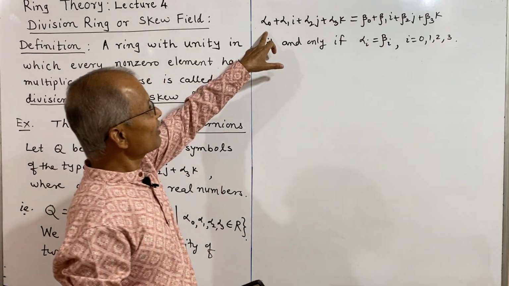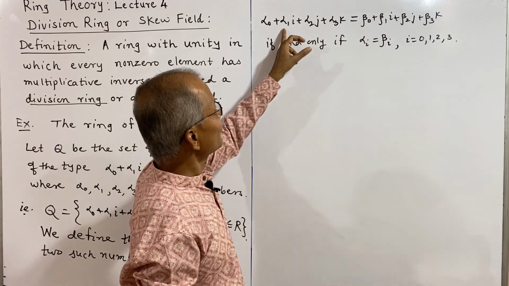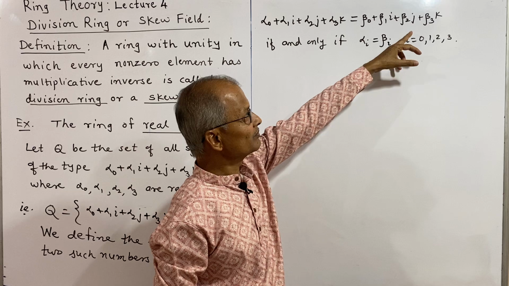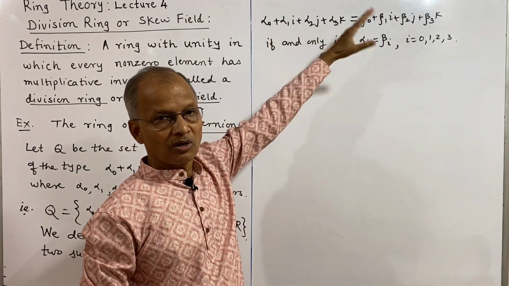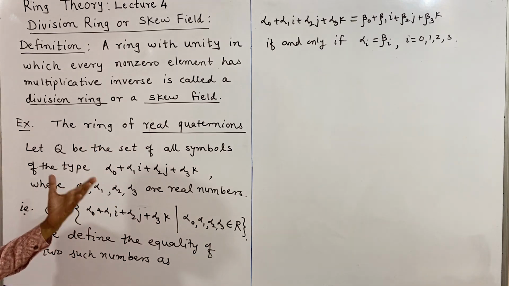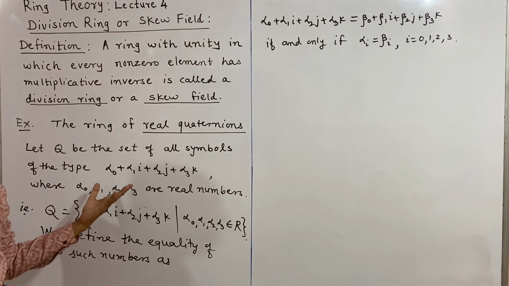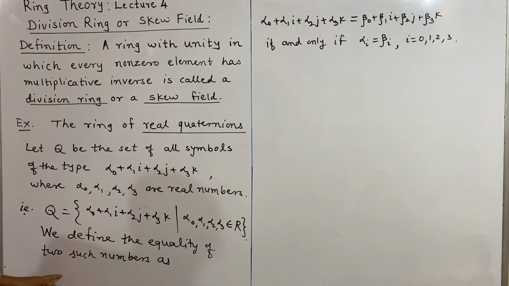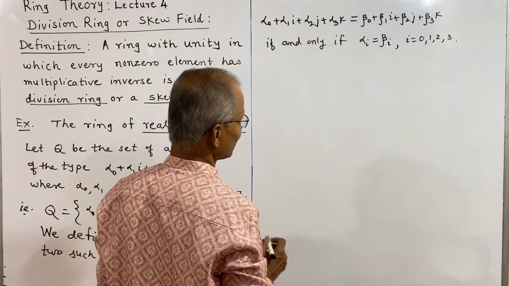That means alpha naught must equal beta naught, alpha 1 must equal beta 1, alpha 2 must equal beta 2, and alpha 3 must equal beta 3. Then the two numbers in the real quaternions are said to be equal. That is, the real parts and their corresponding imaginary parts must be equal. And also we define addition and multiplication as follows.